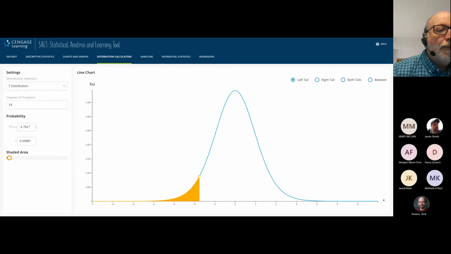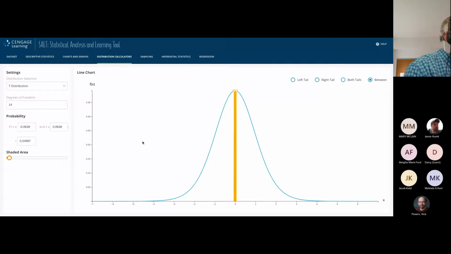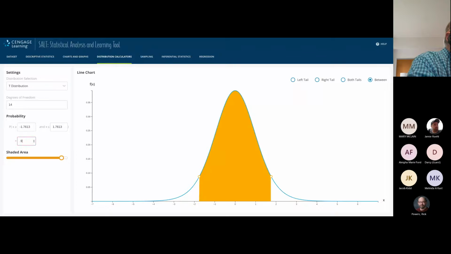I have 14 degrees of freedom. I click between because that's what I want for my critical value. So I go over here and click between, and then I'm going to put my 0.95 in right here. And now I have my critical values.